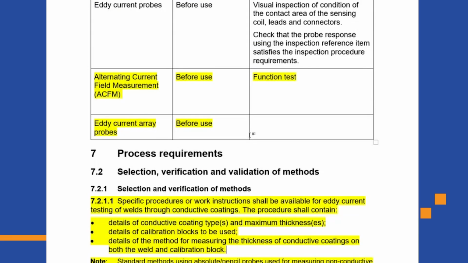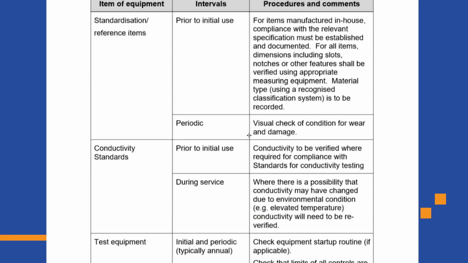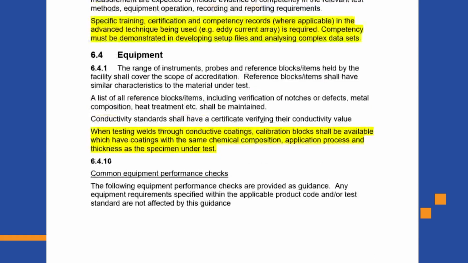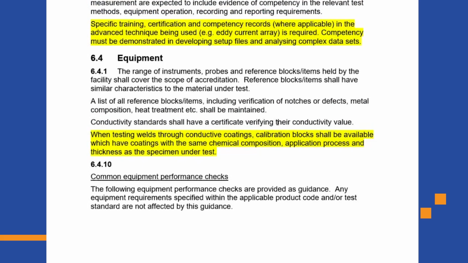Sorry, just going back to the eddy current section 6.41, when testing welds through conductive coatings, there's a feature within the ISO standard for weld testing that requires that an assessment be done with an absolute probe to show 5% variability or 5 degree variability in the liftoff, which would identify the fact that the coatings are the same.